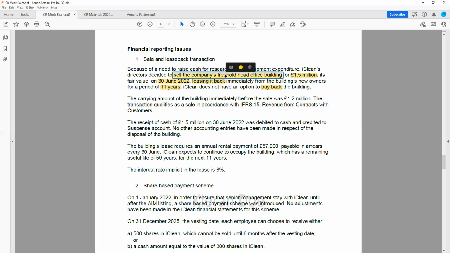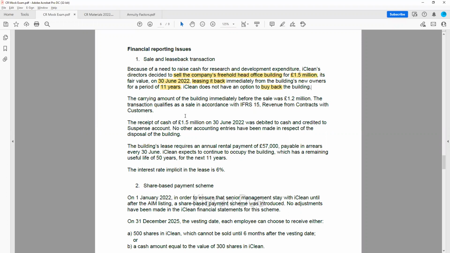If they were going to sell the building for 1.5 million and then buy it back in 2 years' time for 1.7, that could possibly be treated as a financial liability, as a loan, depending on the fair value of the building, the repurchase terms, etc. But they're just ruling this out and explaining that there is no option to buy it back. This isn't a sale and repurchase, so you don't even have to worry about that. This is a sale and a leaseback.